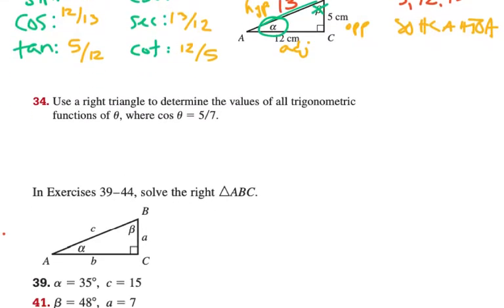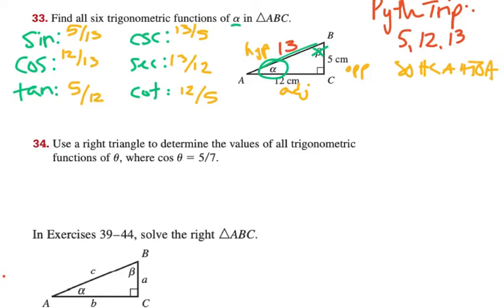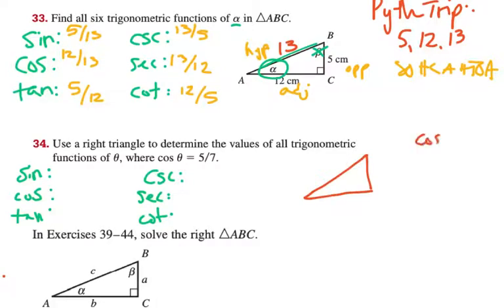The next one wants you to use a right triangle to determine the values of all the trig functions, where cosine of theta is 5/7. So again, we're going to need our list. And so if we draw a triangle to help ourselves out, remember that cosine is adjacent over hypotenuse, and so that means the adjacent side to this theta that I have is going to be 5, and the hypotenuse is 7, and we don't know what that opposite side is.